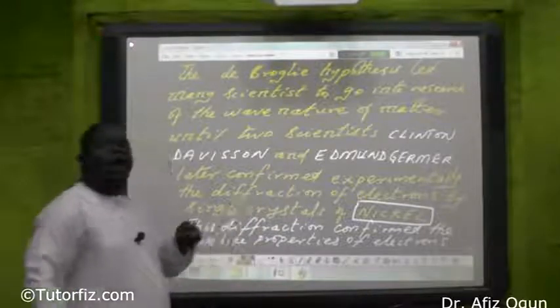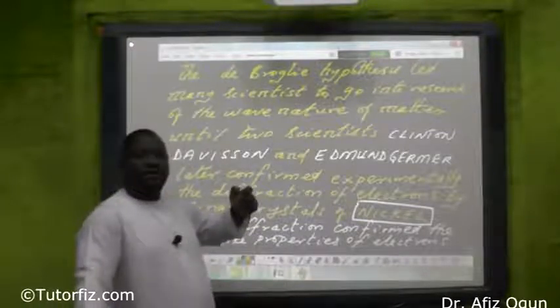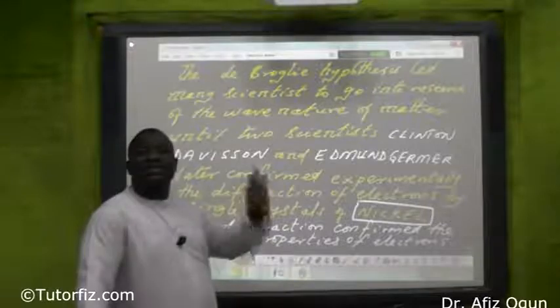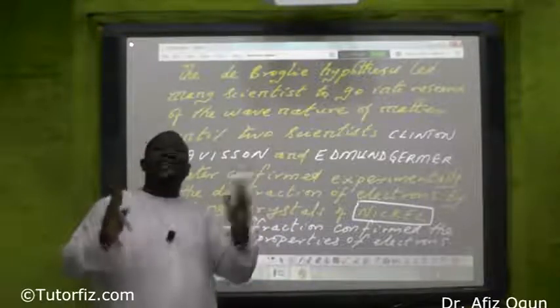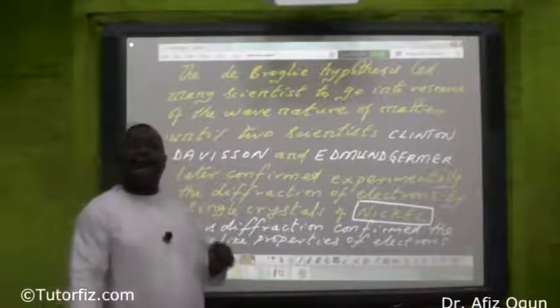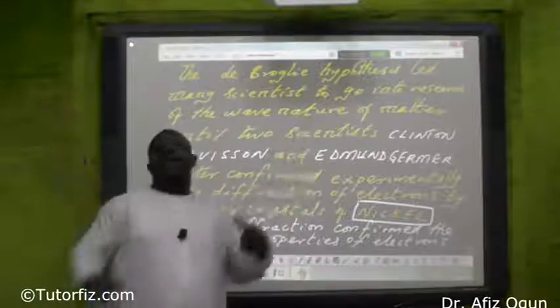They found out that at a particular wavelength of the electron, a diffraction pattern shows. That means the wavelength of that electron became very close to the gap in the atomic arrangement of nickel. So we saw diffraction.